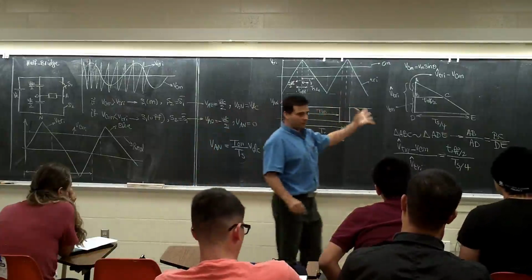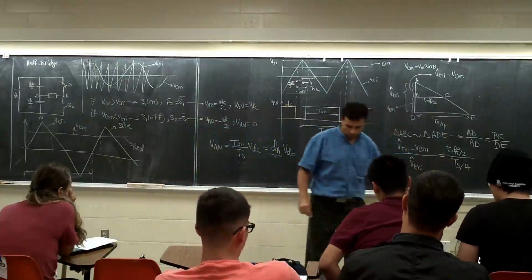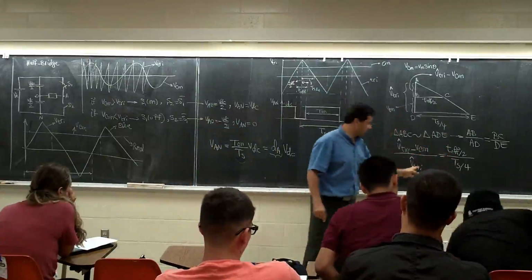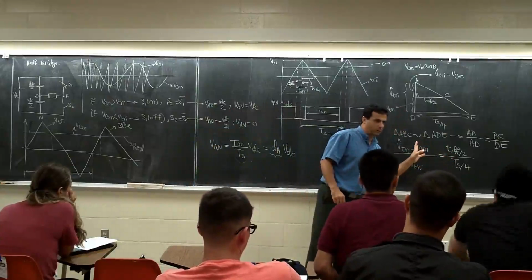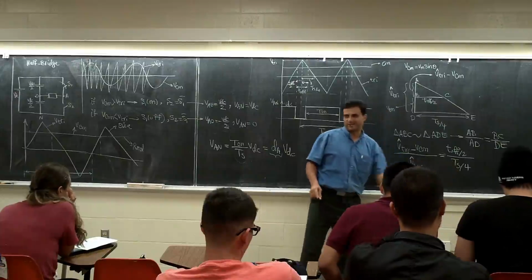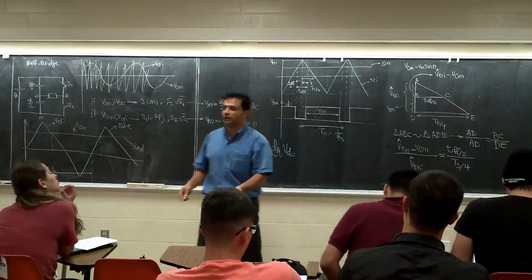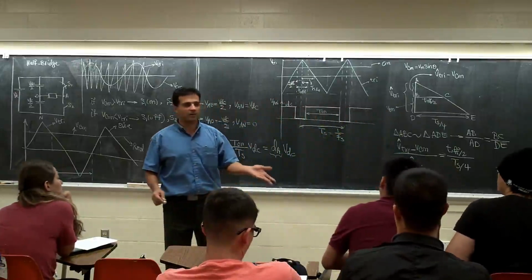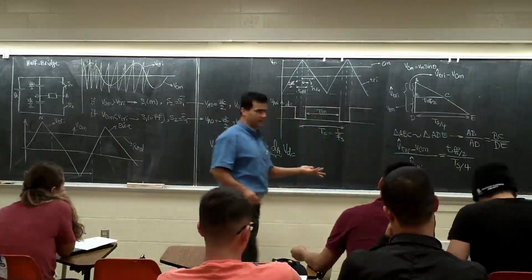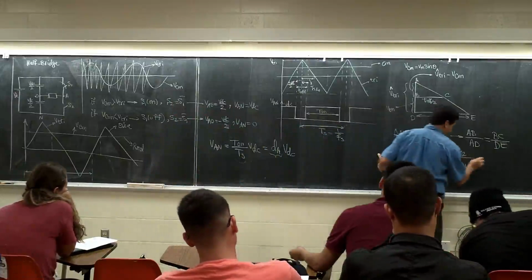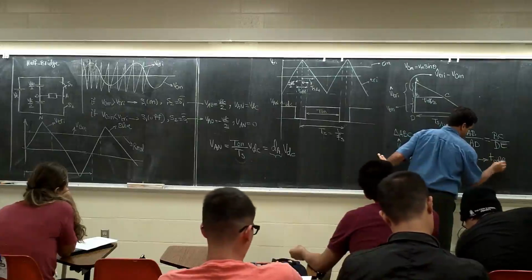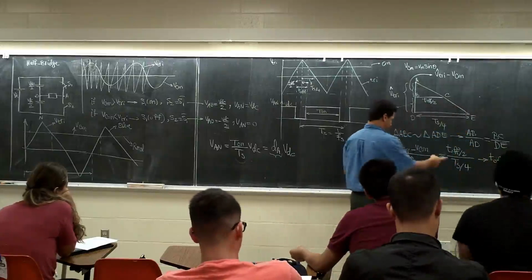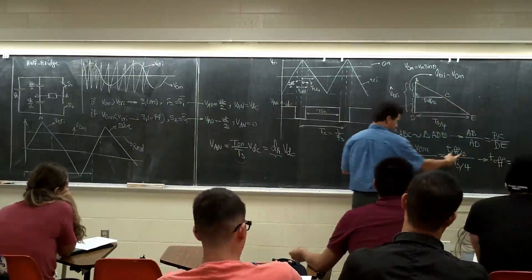In this problem, we know how much is the TS, we know how much is the VTRI, we know how much is the V control. I want to calculate T off. If I calculate T off, how much is T on? Is it TS minus T off, right? TS minus T off. So basically T off is going to be, if you calculate this one, it's going to go here.